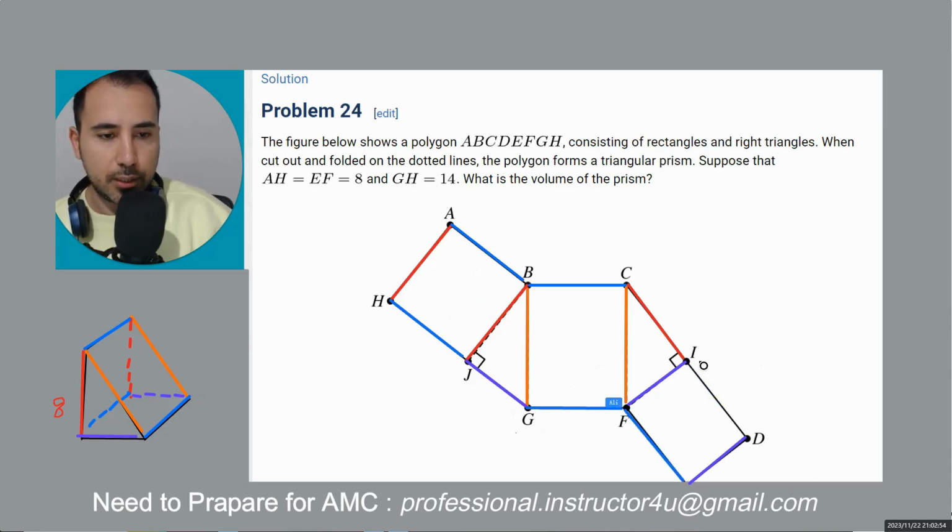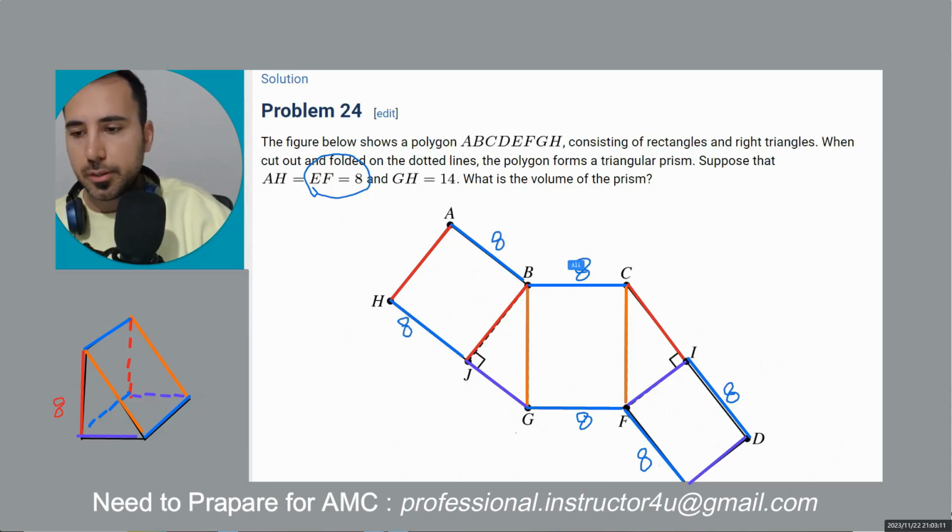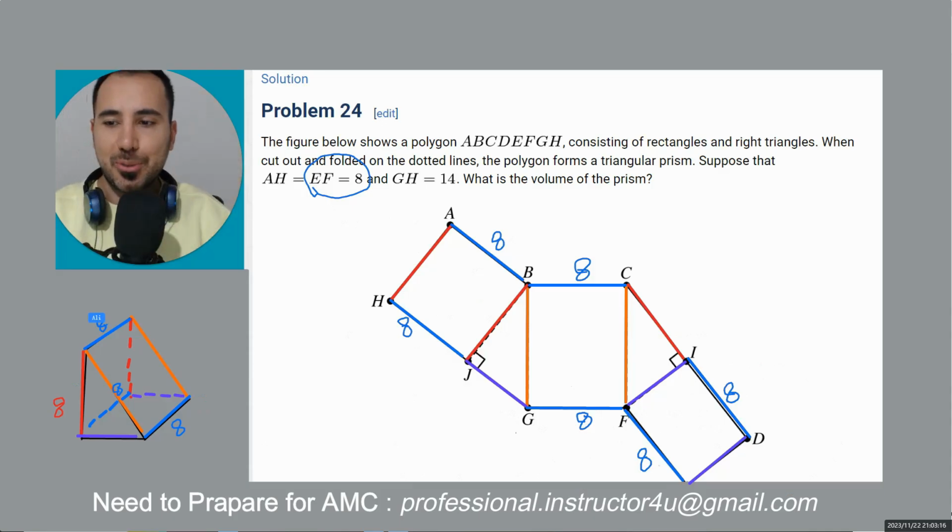Now we know that the question has also said that EF is also 8, which is the blue one. So that means all blue that you see, they're also 8, 8, 8, 8, 8. So here, 8, 8. So the blue one and the red one are both 8.